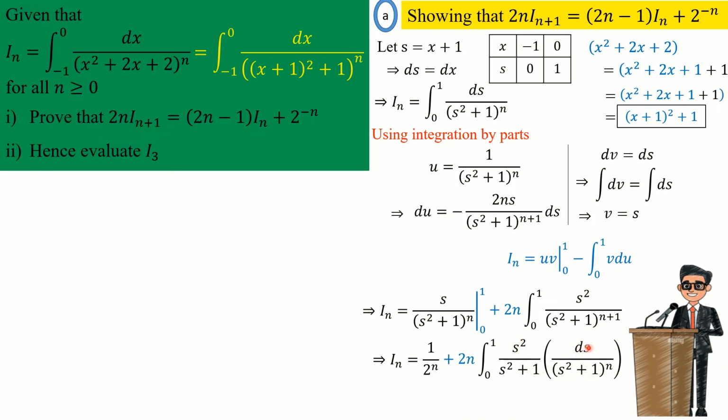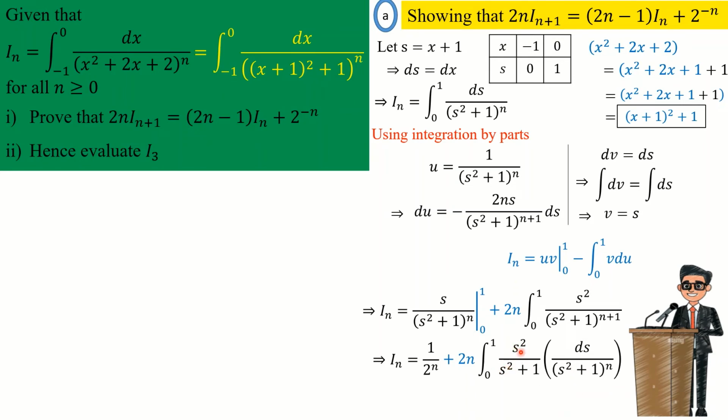Okay, so I included a ds here, so that's good. Here my 2n remains intact, but now s squared plus 1 to the n plus 1 is the same as s squared plus 1 times s squared plus 1 to the n. Now I have an s squared here. I brought this out because I want to separate what is with n and what is not with n.